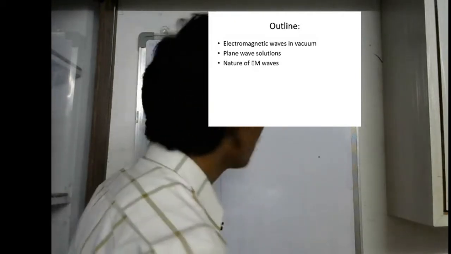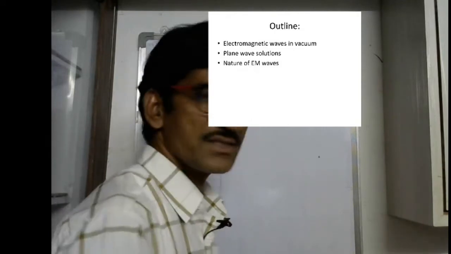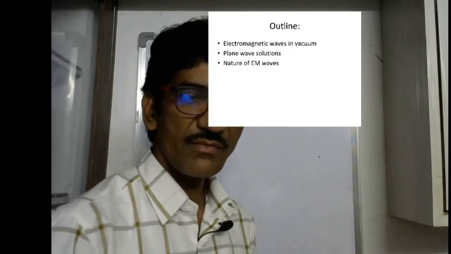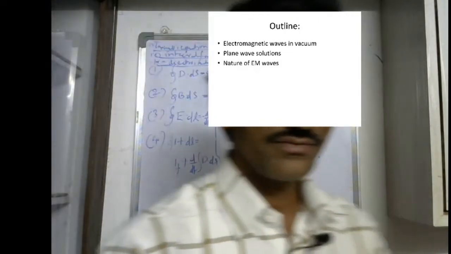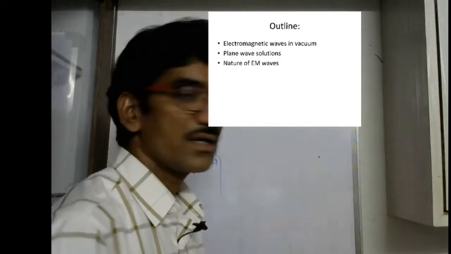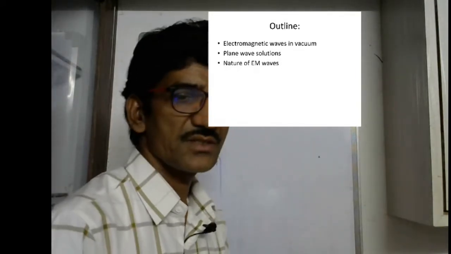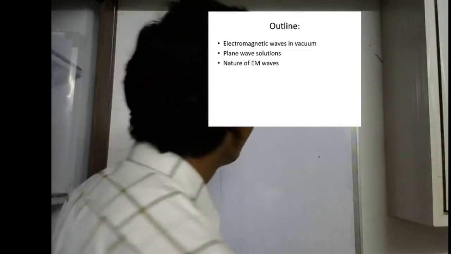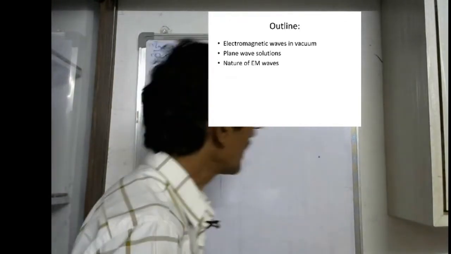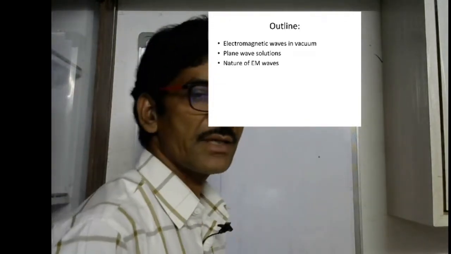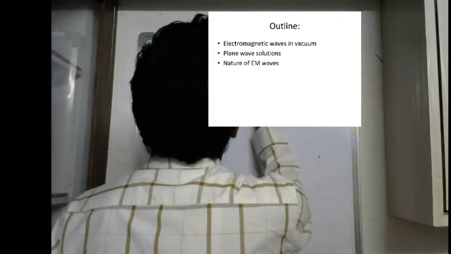Now we are going to characterize these electromagnetic waves. We are deriving the equation for these electromagnetic waves, and next we are trying to find the solutions of these wave equations. Here we get one wave equation for the electric field and one wave equation for the magnetic field.